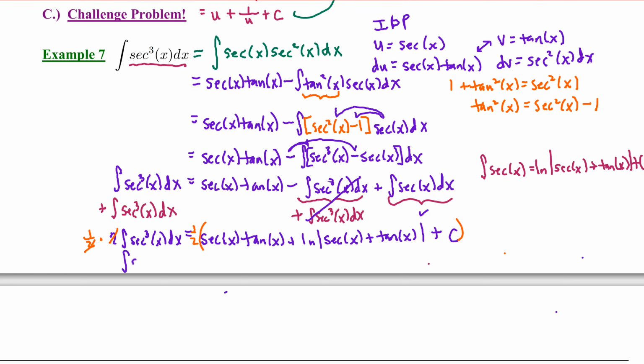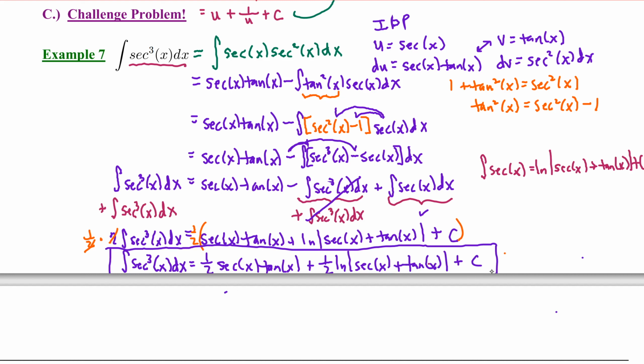So we end up with the integral of secant cubed of x dx equals, and I'm just going to distribute the 1/2, 1/2 secant of x tangent of x plus 1/2 natural log of the absolute value of secant of x plus tangent of x. And here, if we distribute the 1/2 to the constant, 1/2 times the constant is a constant. Whew, and we have integrated secant cubed of x.